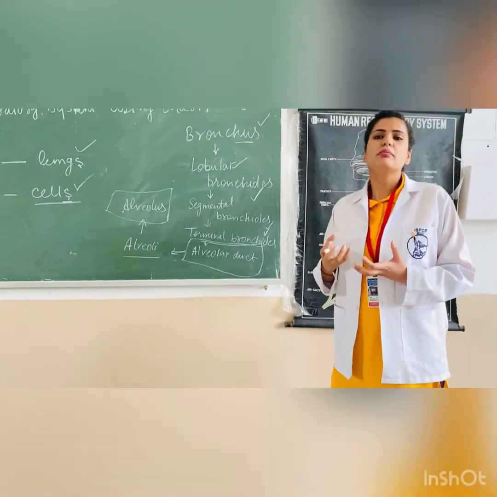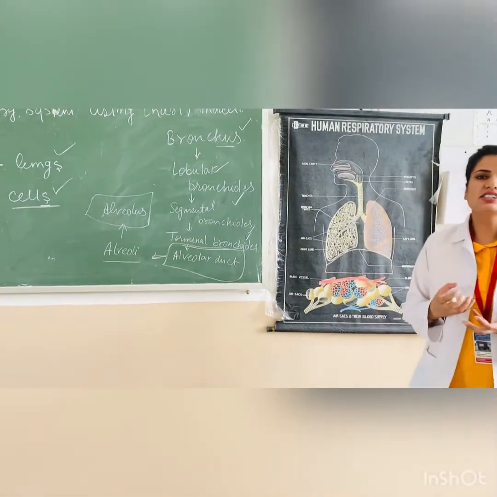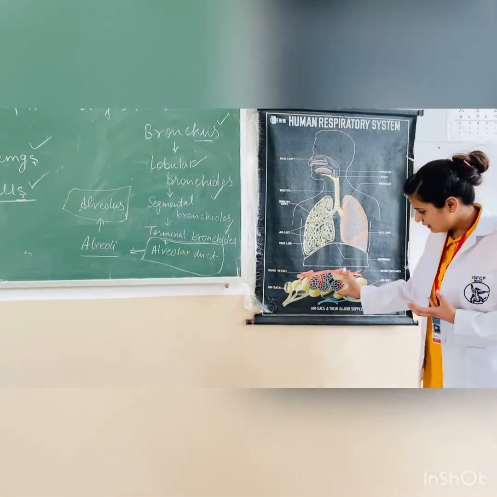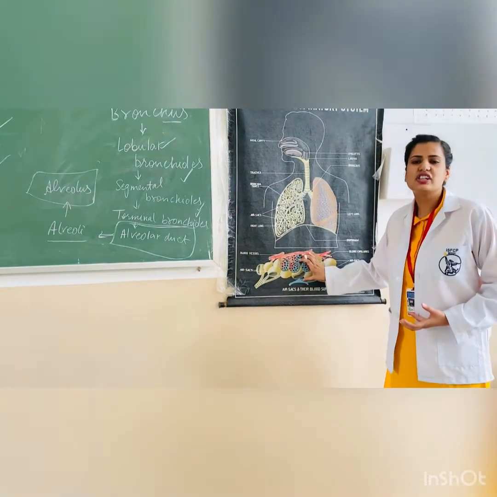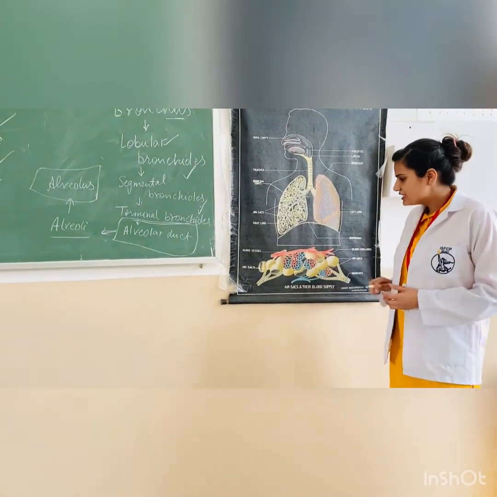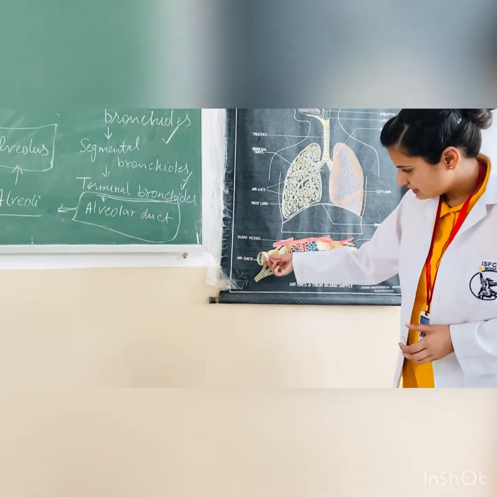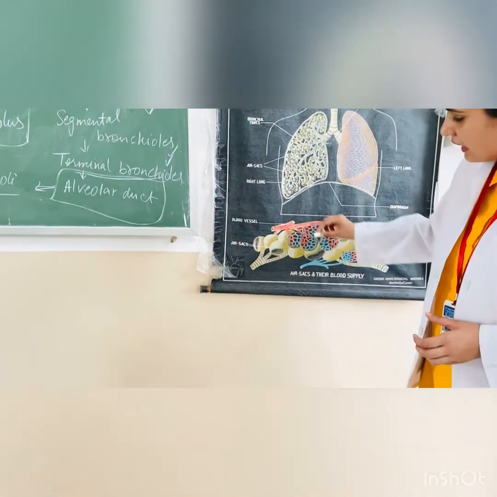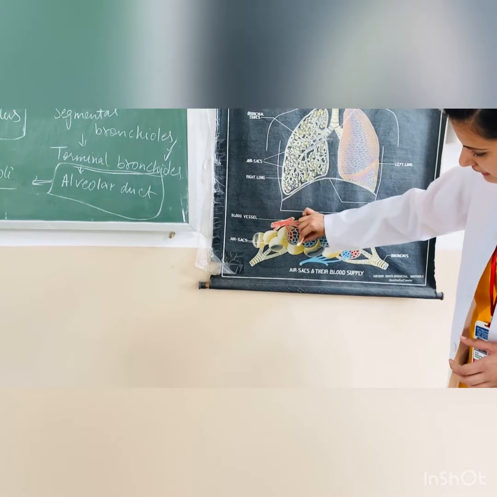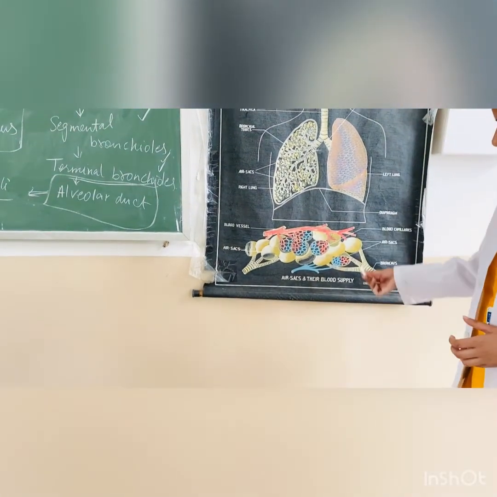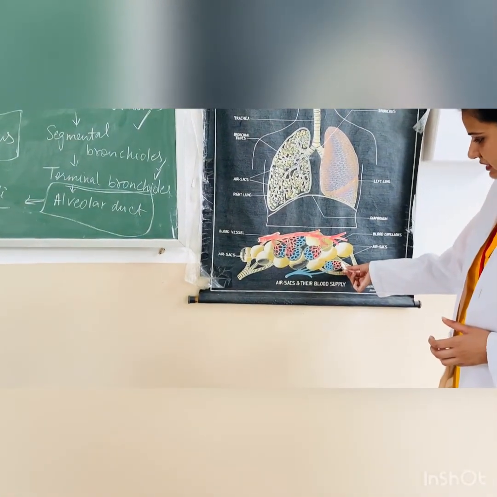Alveoli are the part of gaseous exchange. These are the parts where the exchange of gases occurs. As we can see, there are air sacs present, and the alveoli are surrounded by blood capillaries, which surround the alveoli in order to exchange.